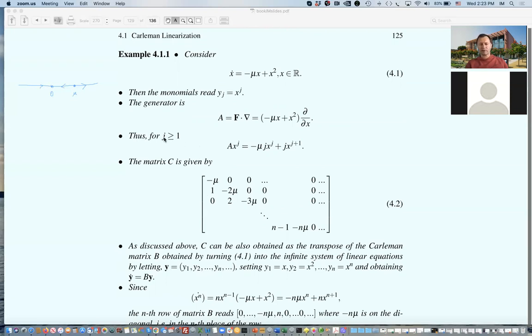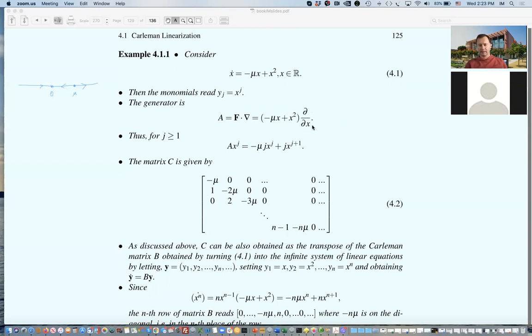And so for j bigger than or equal to 1, we get this operator A acting on x^j to be minus mu j x^j, right? That's just the derivative acting on x^j, producing j times x to the j minus 1, and then multiplying with this. So minus mu x times j x to the j minus 1 produces this term.